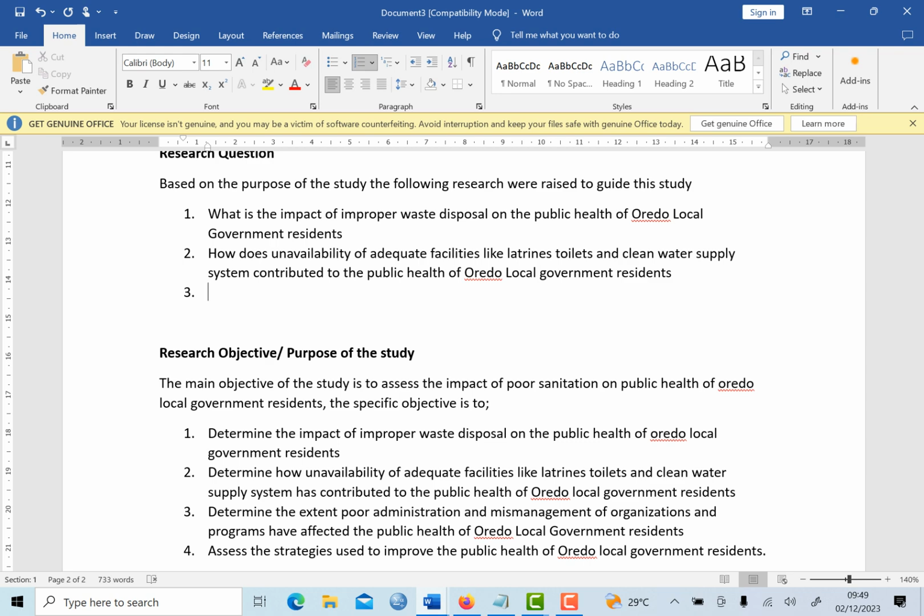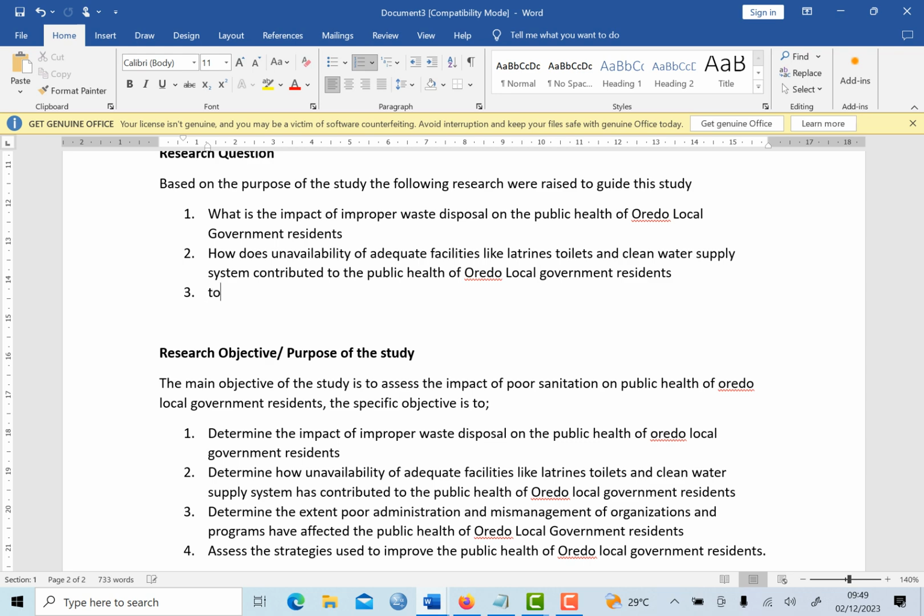From this, I hope you can raise research question three now. Can you raise research question three? Answer in the comment section. So objective three is determine the extent.